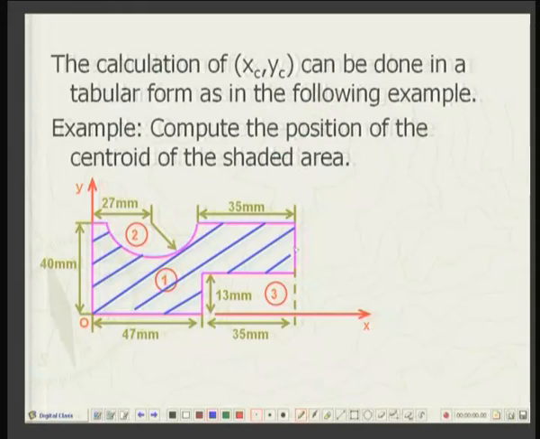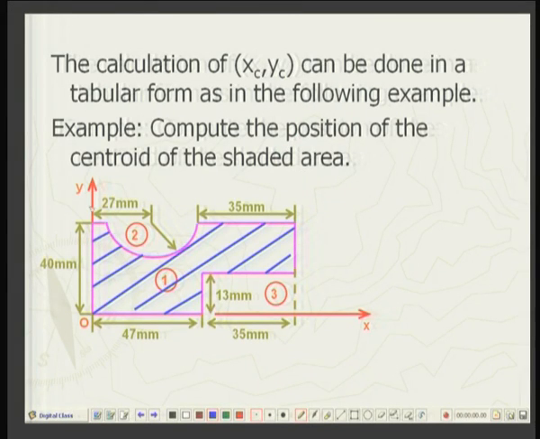The centroid calculations for composite areas can be very conveniently handled with the help of tables. That is, we will do the calculations in a tabular manner, and to illustrate this, I have selected an example.